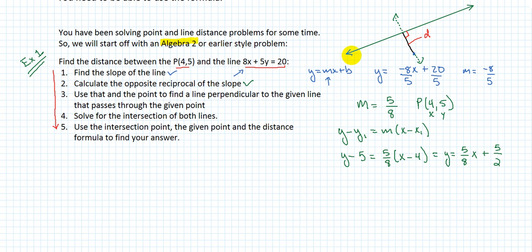So if I intersect these two lines, I get that point. And that goes to a problem where we had like 8x plus 5y equals 20, and then you have y equals 5/8 x plus 5 halves.